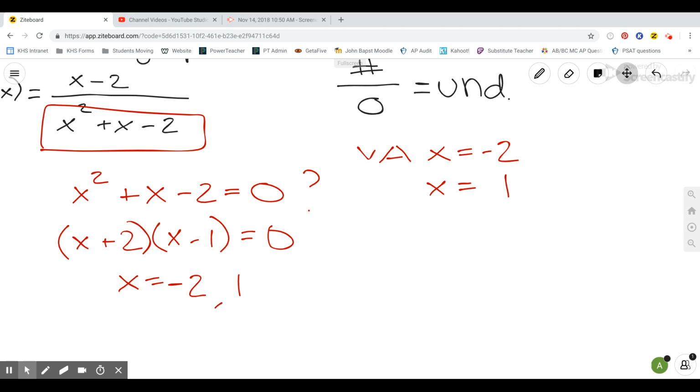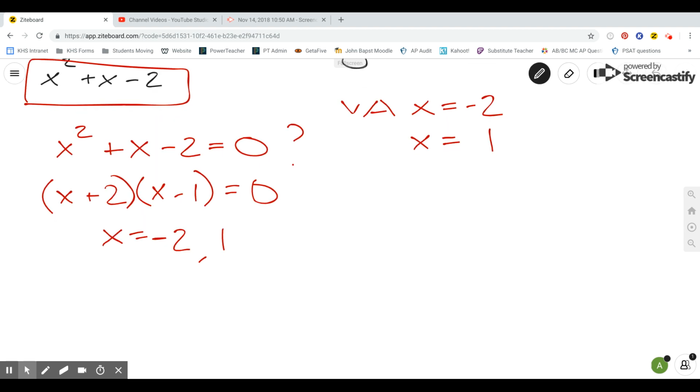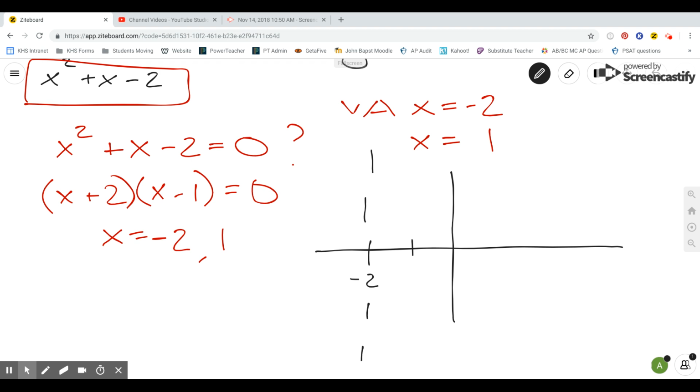So if you were to start to graph this rational function, at negative 2 we would have this dotted vertical line, this vertical asymptote. So when we plug in x equals negative 2, we do not get a y value in return. We get undefined. And then same thing with x equals 1. We are going to have this dotted line showing that there are no y values for that x value.